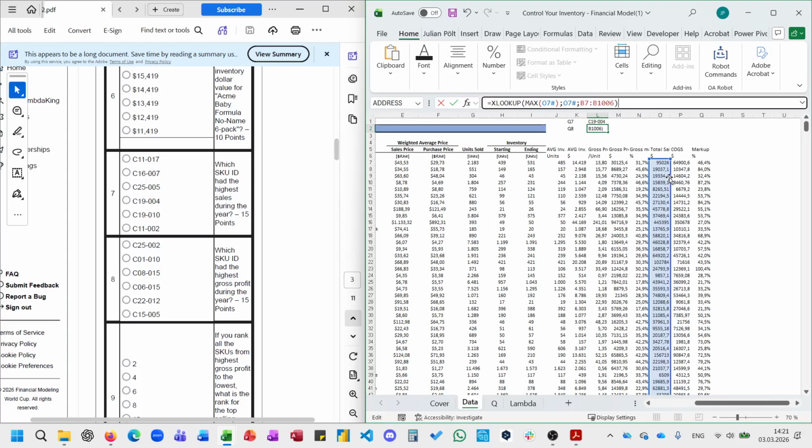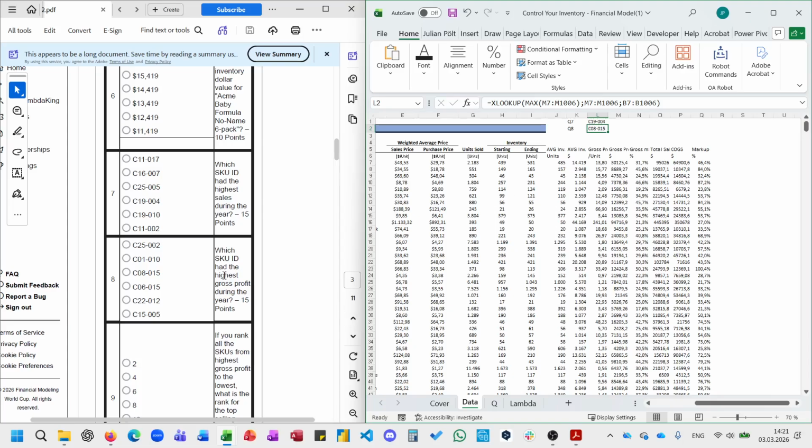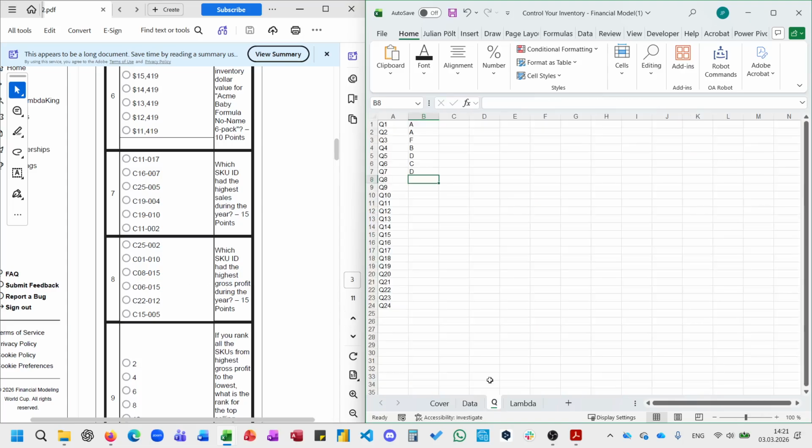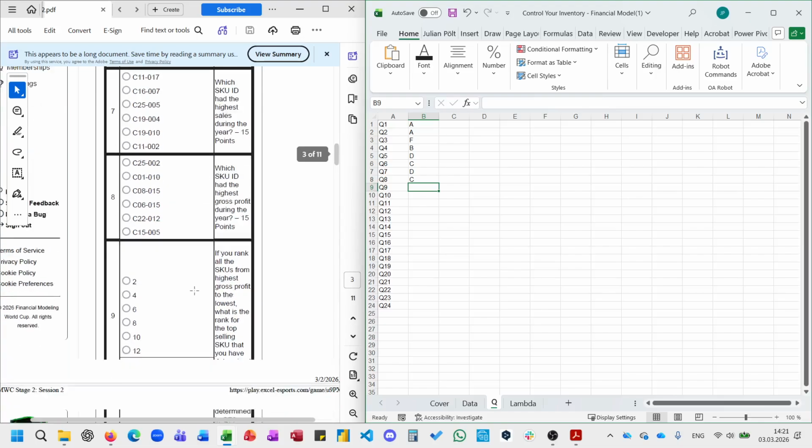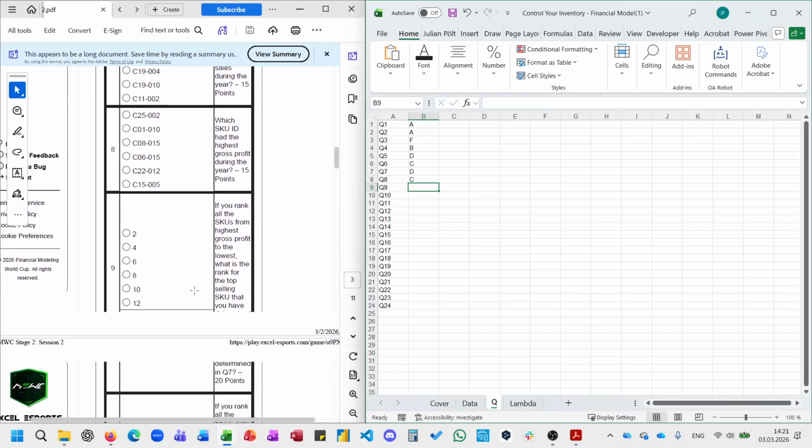And here we take dollar gross profit, 815, so C. If you rank all the SKUs from highest gross profit to the lowest, what is the rank for the top selling SKU that you determined in Q7?